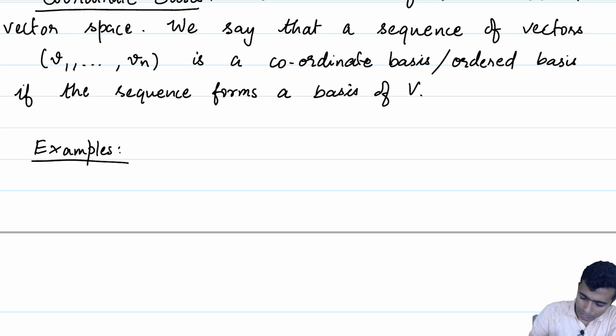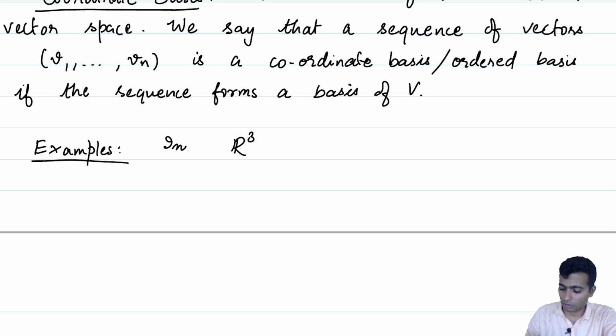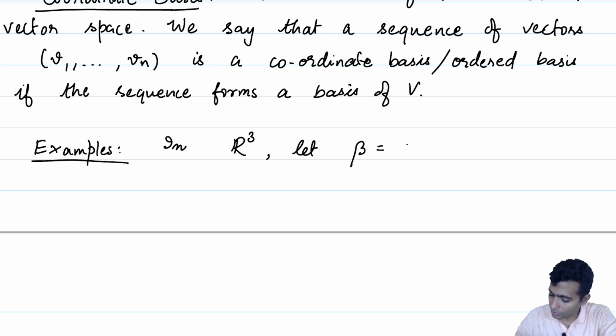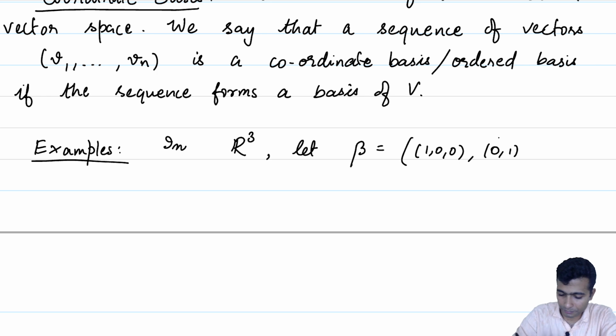The simplest example should be in, say, R. Let's go to R3. R2 will be too simplistic to talk about the change in order. So in R3, let beta be the, so sometimes the Greek alphabets are used to denote ordered basis or coordinate basis. So beta, let this be the sequence of vectors (1,0,0), (0,1,0) and (0,0,1).